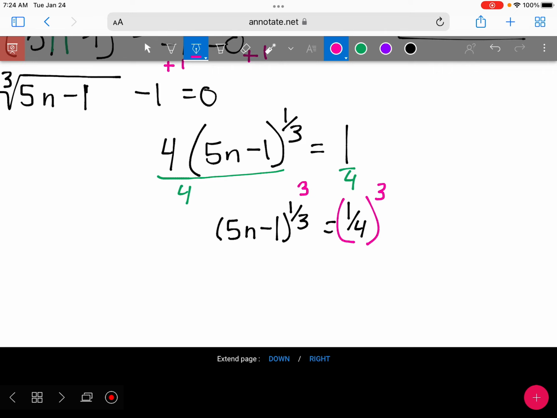Put parentheses around it. Or you can do 0.25 to the 3rd. And we get that, so this guy and that guy cancel out, and we're left with 5n minus 1 equals 1/64.